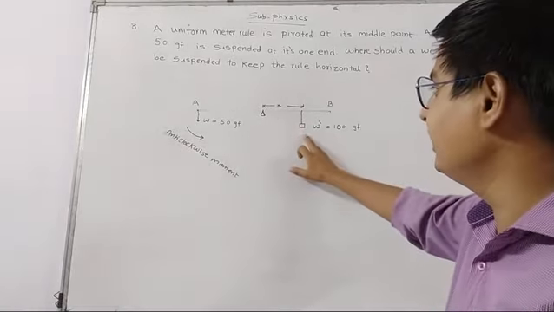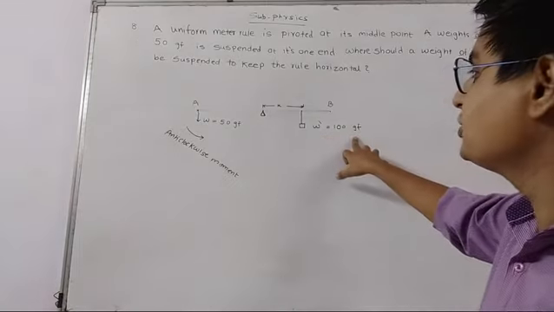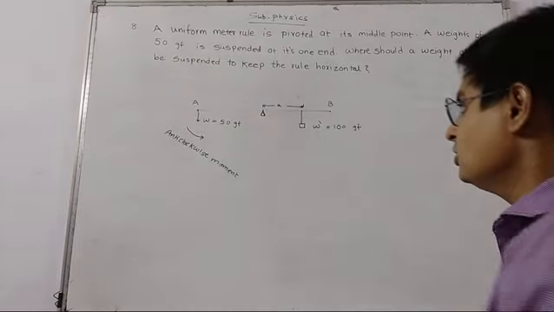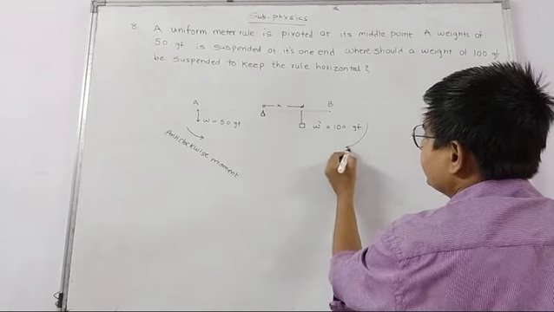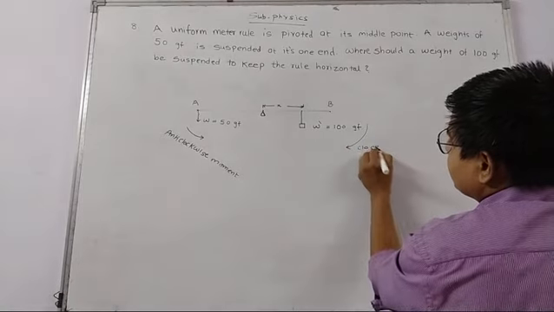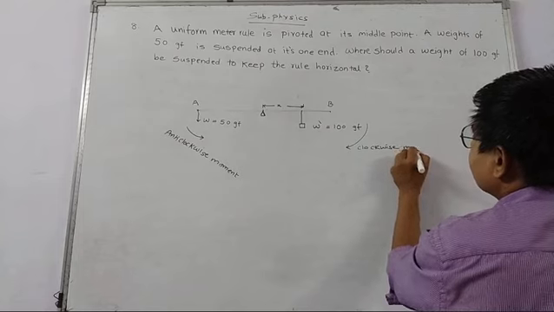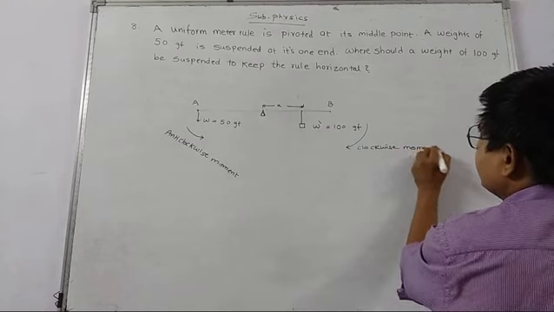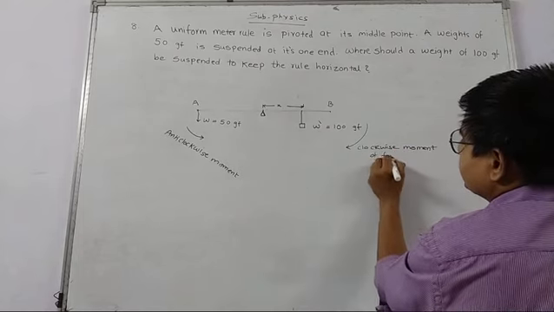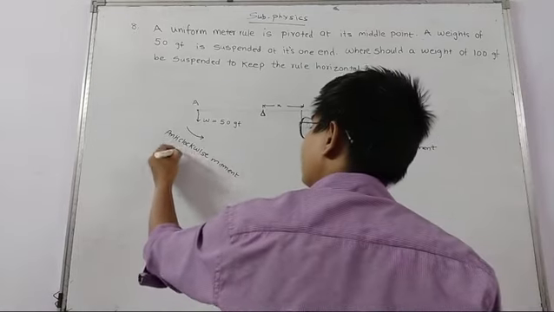That's why I have added the weight 100 gf at a certain distance. So this will be producing what? The clockwise moment of force, and here anti-clockwise moment of force.